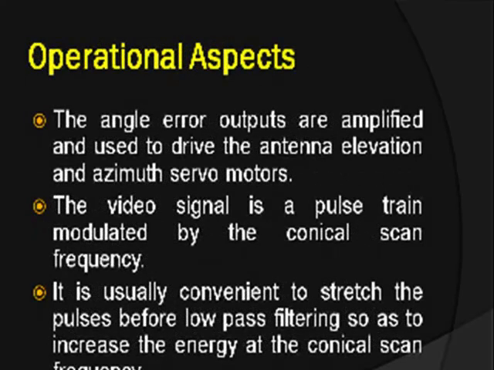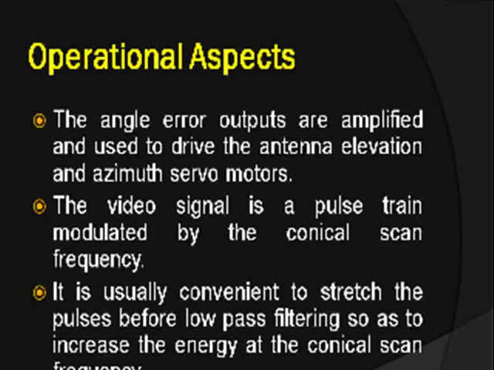Let us understand some operational aspects. The angle error outputs are amplified and used to drive the antenna elevation and azimuth servo motors. The video signal is a pulse train modulated by the conical scan frequency.